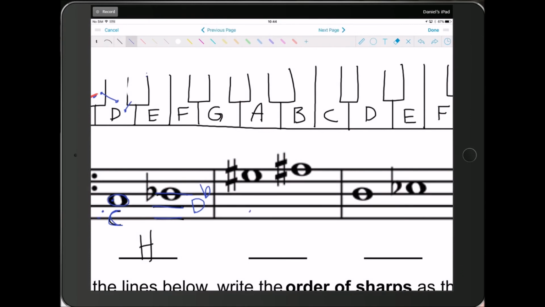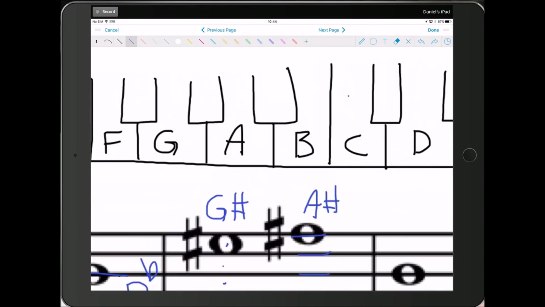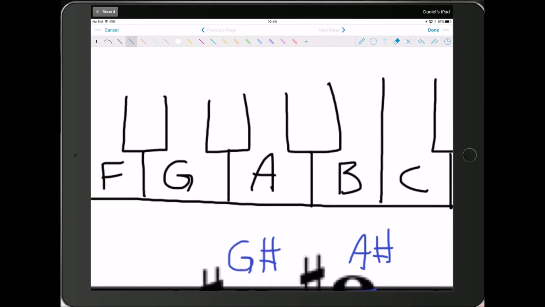Alright, now in the next one, let's figure out what the note names are. We have all cows eat grass. So that's a G sharp right here. And then we have good birds don't fly away. That is an A sharp. So let's find G and A. Here's G right here. But that's not what we want. We want G sharp, so we're going to go up to here. This is G sharp.